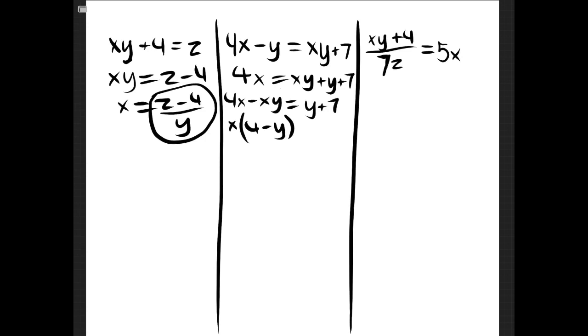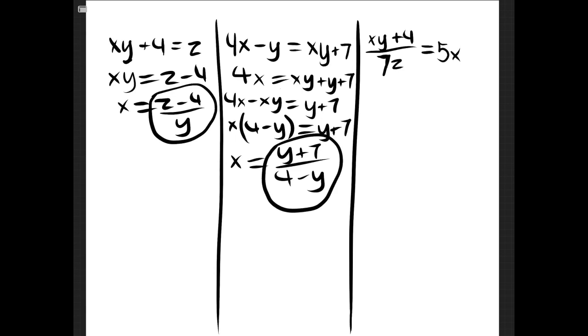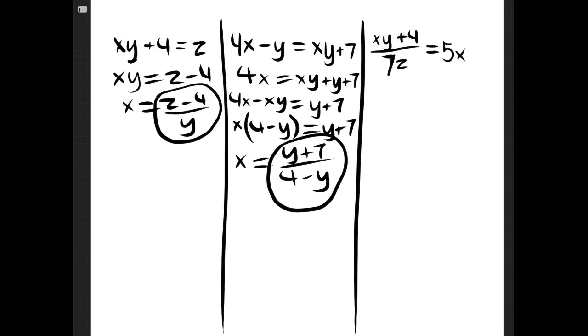It's just that it's separated. So you're doing x times, in parentheses, 4 minus y equals y plus 7. And now we have this x on its own. Now all this stuff just has to go to the other side. So x equals y plus 7 over 4 minus y. And that's our solution. See, it was still simple.